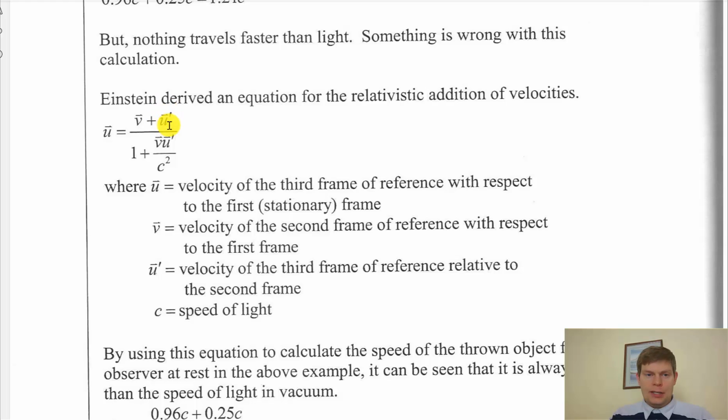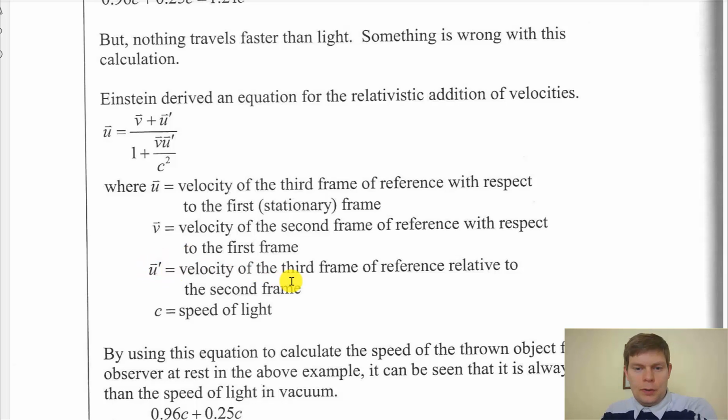So keep in mind, this requires the velocity of, say, the probe relative to the spaceship, not relative to me. All the velocities are relative to me observing on the Earth, except for this one, the velocity of the probe relative to the spaceship.